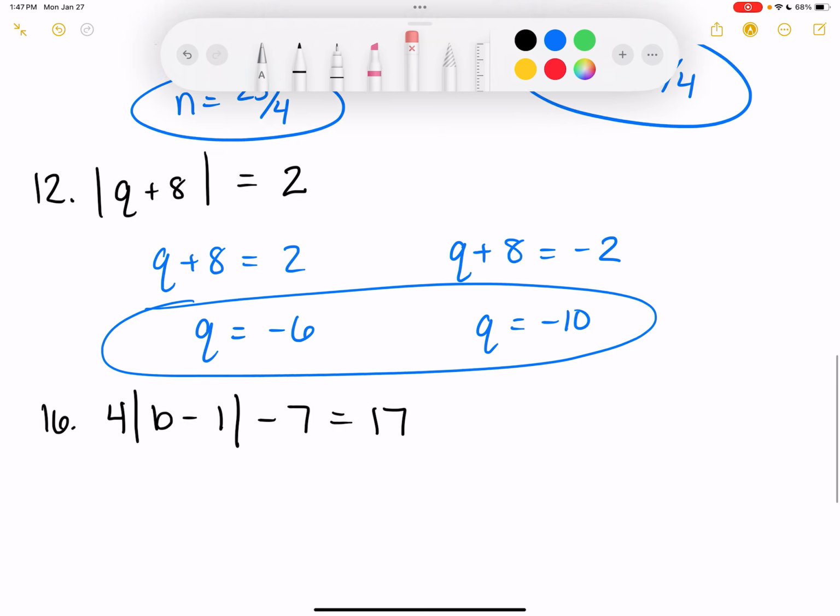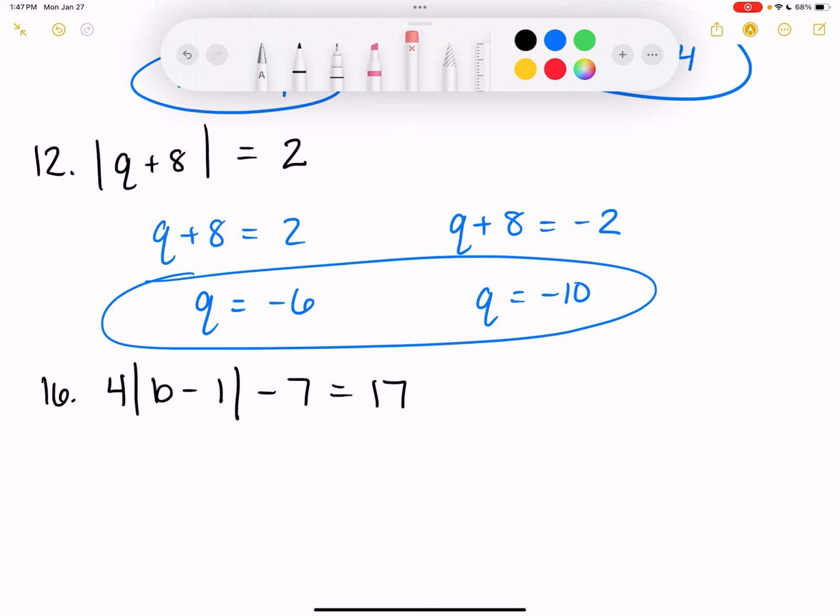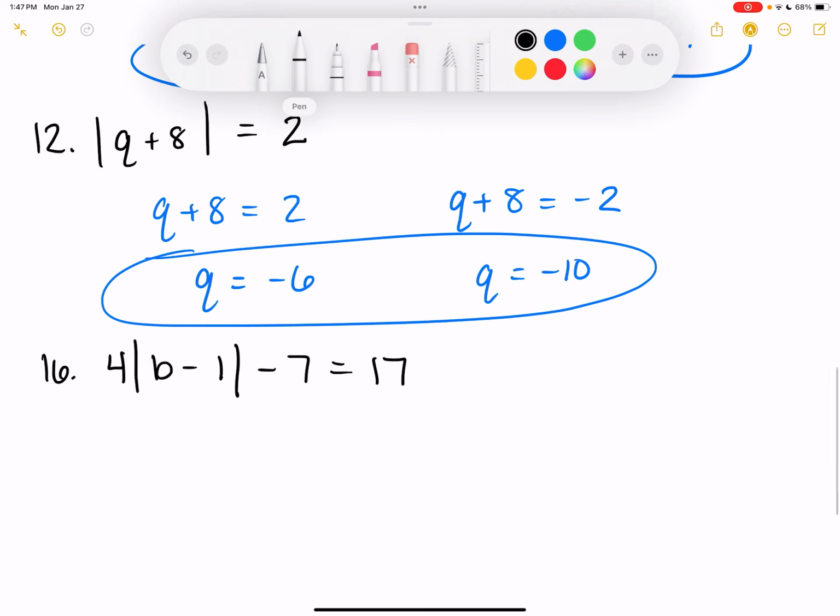So the first thing I'm going to do is add the 7 over. So I have 4 times the absolute value of b minus 1 equals, what is that, 24. Now, I still have something outside the absolute value. It's 4 times the absolute value, so I'm going to divide by 4.